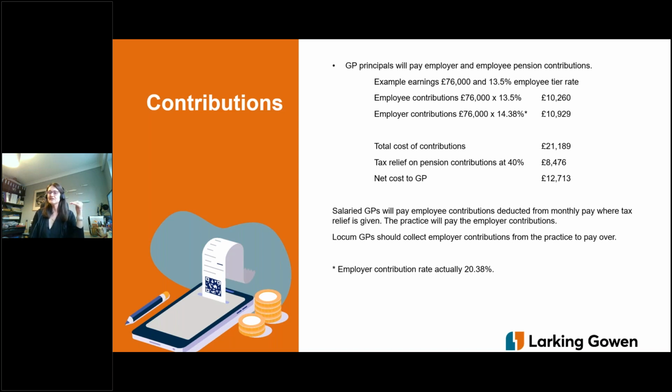You don't get tax relief at source on those pension contributions, but you are able to claim tax relief. So you pop those figures on your tax return. If you're a 40% taxpayer, which you would be in this scenario, your tax bill will come down by 8,476. And so the net cost to you is 12,713. But you have to pay out the 21 and then you get the tax relief back.